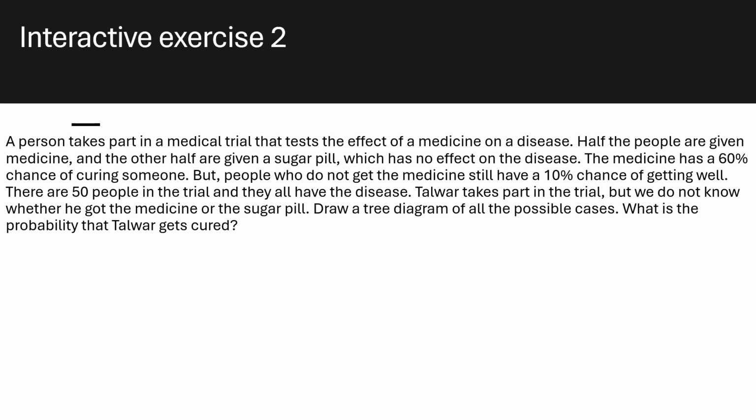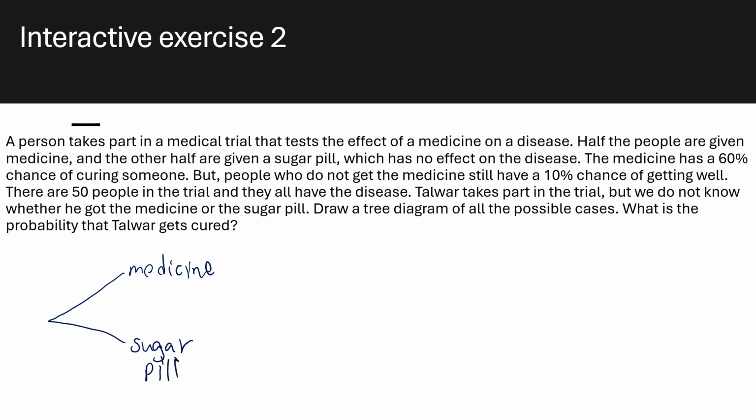So it seems a bit complicated, but it's quite basic. The first thing you do is that we know that half of the people were given medicine. So we have, maybe let me use a different color, a branch like this for those who will receive medicine, and those who receive sugar pill.